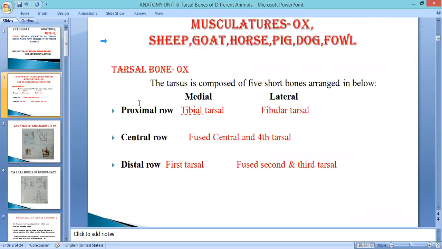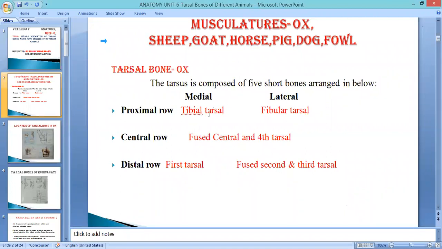So let us start with the ox. The ox contains 5 tarsal bones located in 3 rows. We have already discussed this in the joints of the hind limb. They are located between the distal end of the tibia and fibula and the proximal end of the metatarsal, in 3 rows.